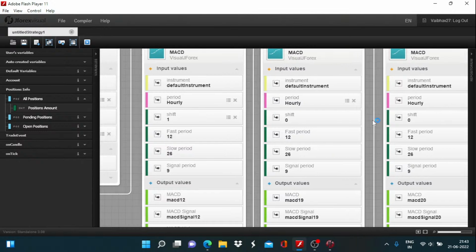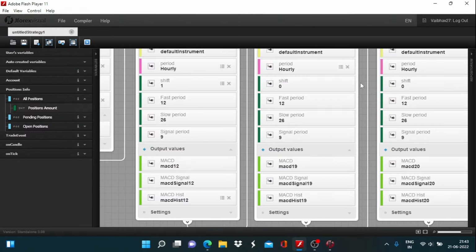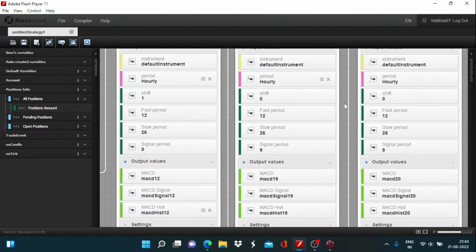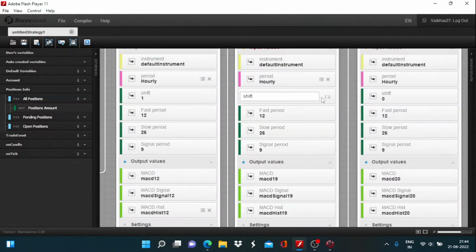Okay, and the look back period will be 1 and 2 respectively.